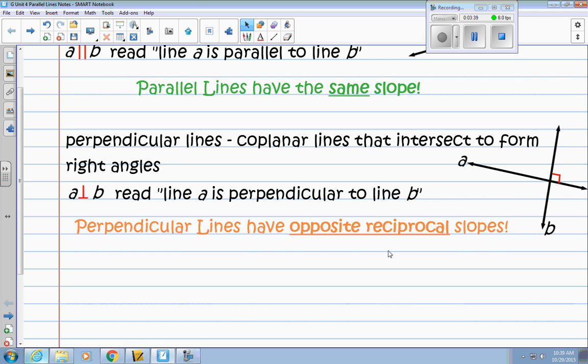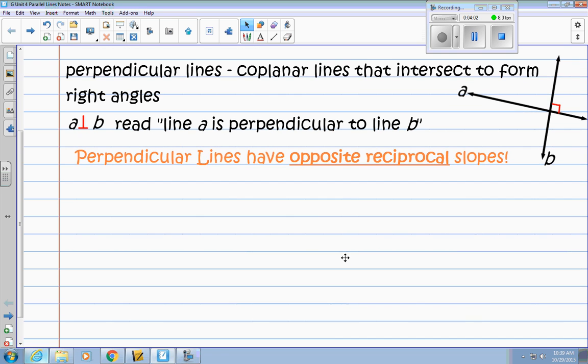An example of two such slopes might be -2 and +1/2. Another example could be 4/5 and -5/4. So write down an example so that you keep it in mind, but it has to fulfill two conditions: opposite signs and reciprocals of one another.